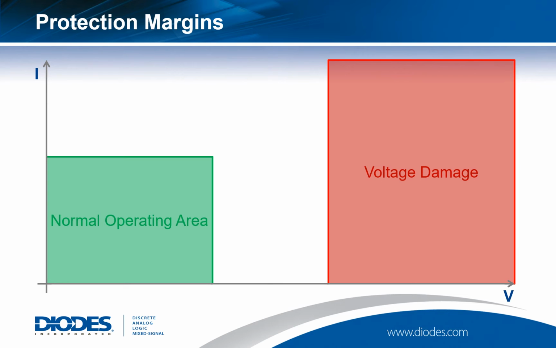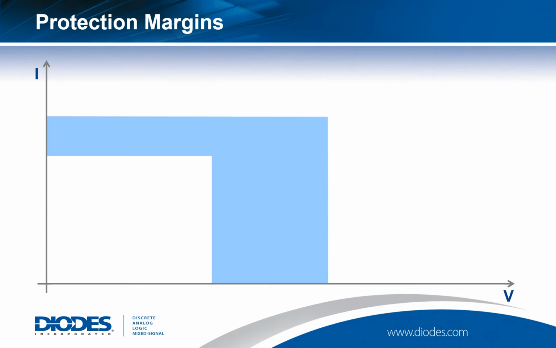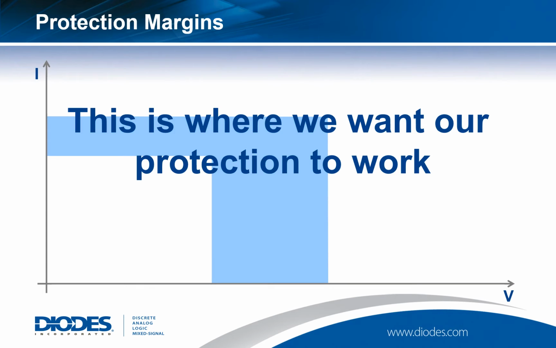Above that level, there will be voltage damage caused to the components. And similarly for current, there will be some leeway. It is this blue shaded area that represents that leeway that we can consider as the place where we want our protection to work. If we can make the protection operate within these margins, we know that the circuit won't be damaged.